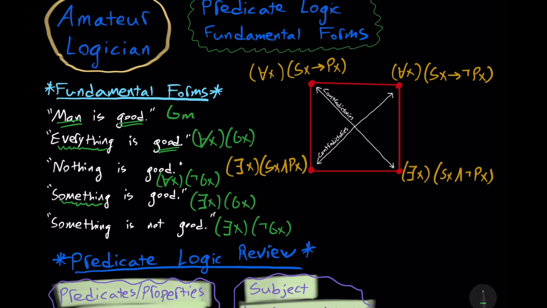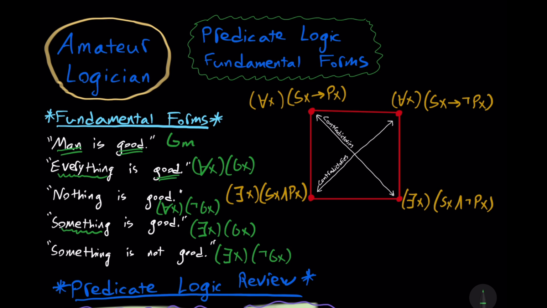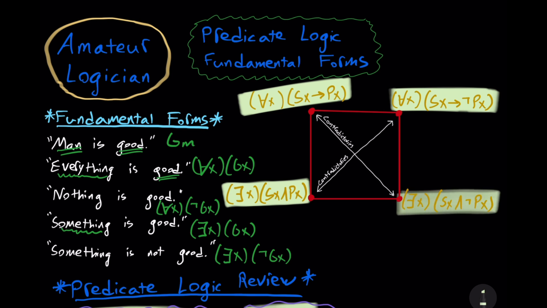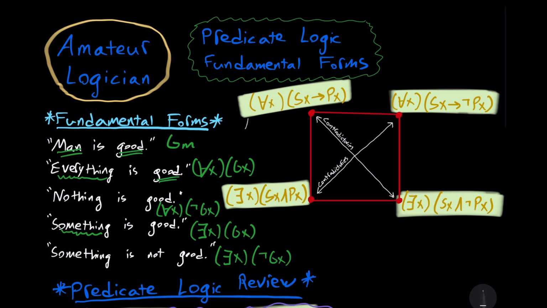Now our four final fundamental forms appear on this square of opposition. We have for all x, if x is an S, then x is a P. For all x, if x is an S, then x is not a P. There exists an x such that x is an S and x is a P. And there exists an x such that x is an S and x is not a P. Or in other words, we have all S's are P's for that proposition.